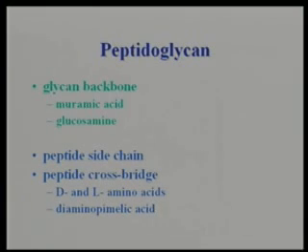Okay, why do we call it peptidoglycan? We call it peptidoglycan because it has 2 components, a glycan backbone, and it has peptide components. Sometimes there'll be 1, sometimes there's 2. I'll show you what I mean by that in a second. But peptidoglycan: a peptide part, an amino acid containing part, and a glycan part, a sugar containing part.